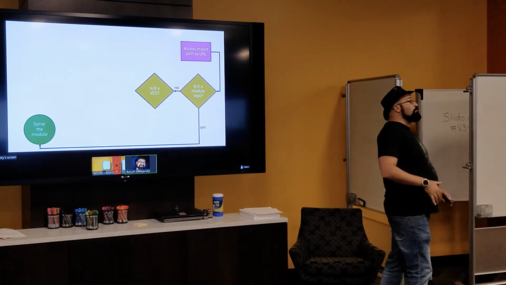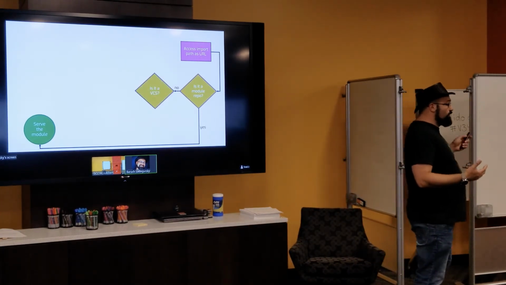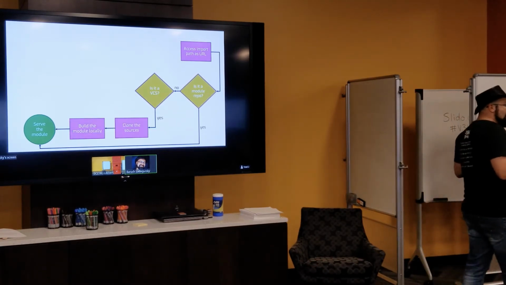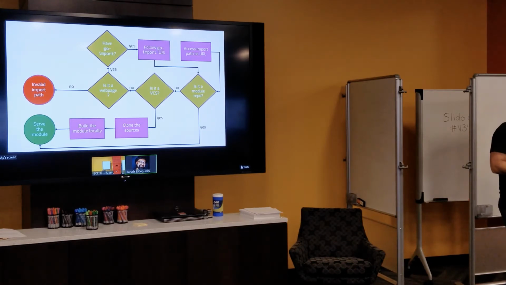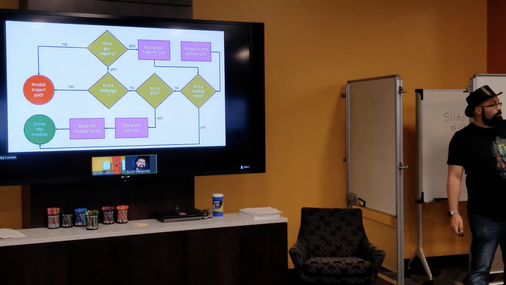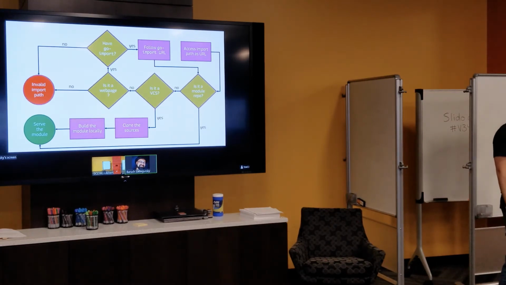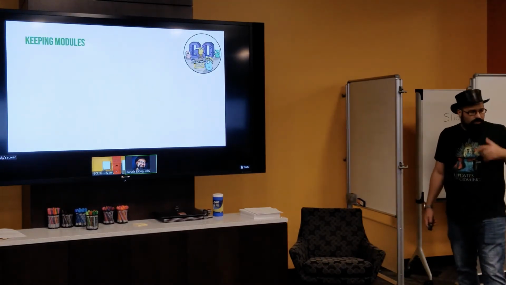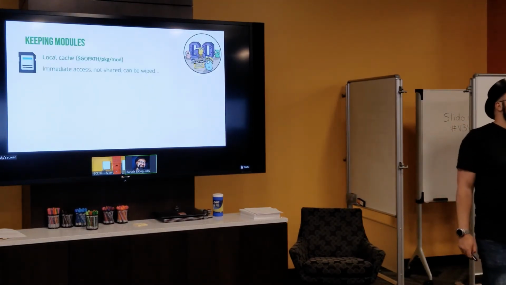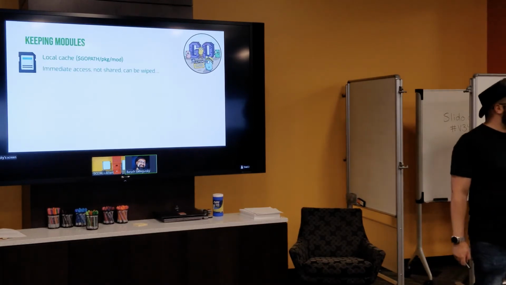If the module is not there, then it will go through the same process. So basically, we will have another step that will check the GOPROXY, and it will check if there is a module there.